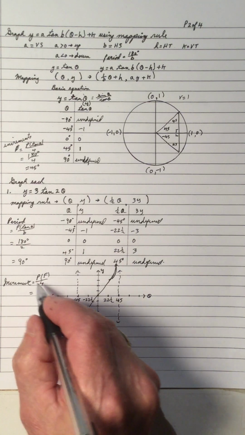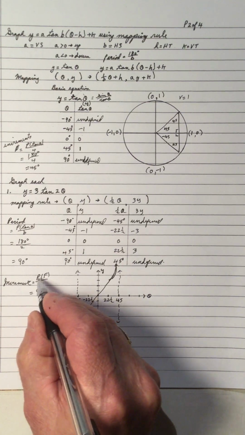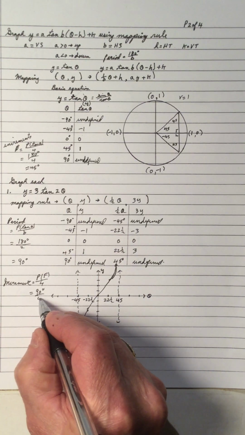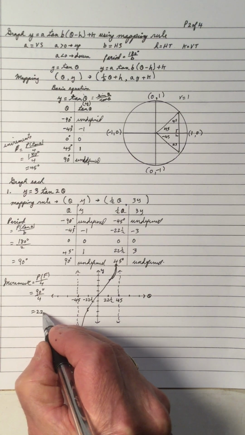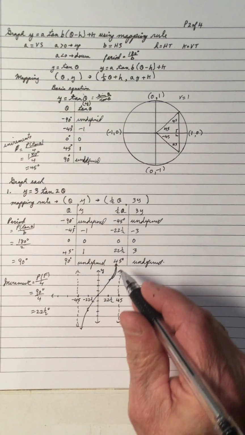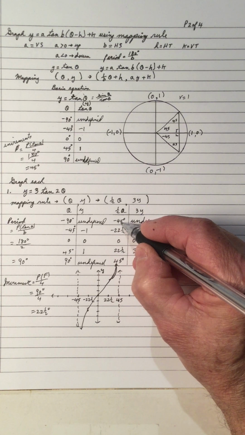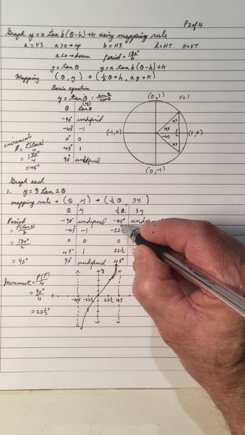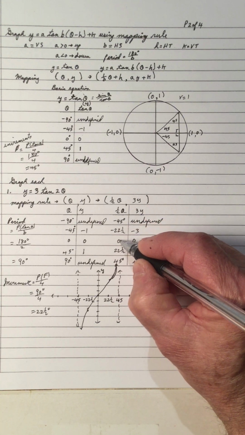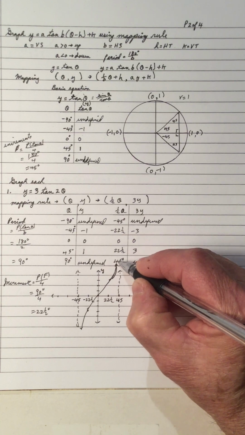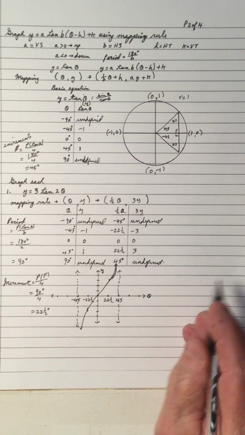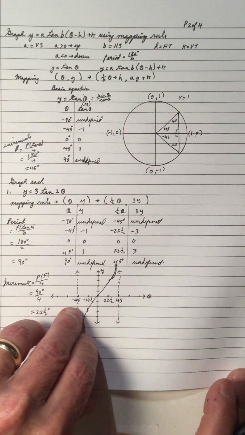So the period of the function is 90 degrees right here divided by 4. So that means your increment changes in this graph should be 22 and a half. So notice 22 and a half, add on 22 and a half, add on 22 and a half is between each one of these. So that's a check to see that you're doing it right. Okay, that's one of them.